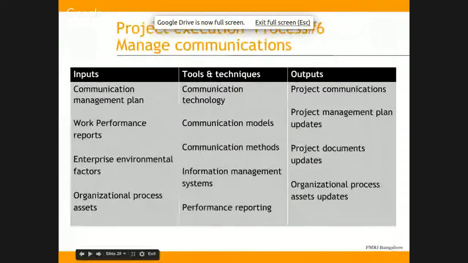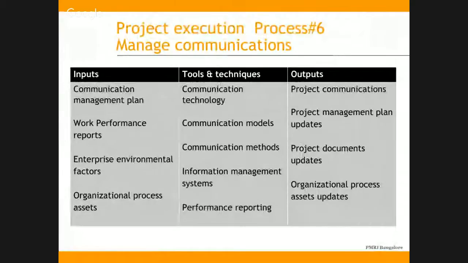So let us discuss the remaining processes under execution. Here is process number 6, which is about managing communications. On the input side, we have the communication management plan, which we did during the planning phase. Then we have the work performance reports, which come as an output of execution.